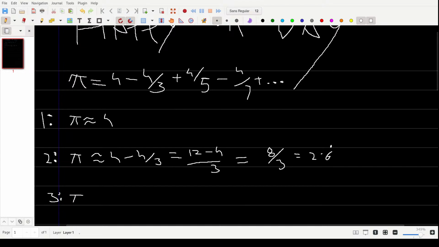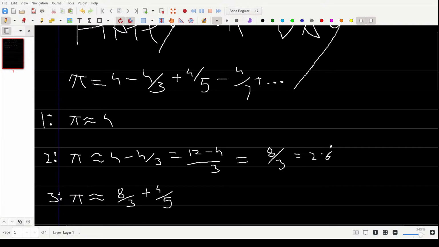So the third approximation we're going to do with 3 terms of that series. 8 over 3 plus 4 over 5, yes, 4 over 5. And we do 40 plus 12 over 15, 52 over 15.